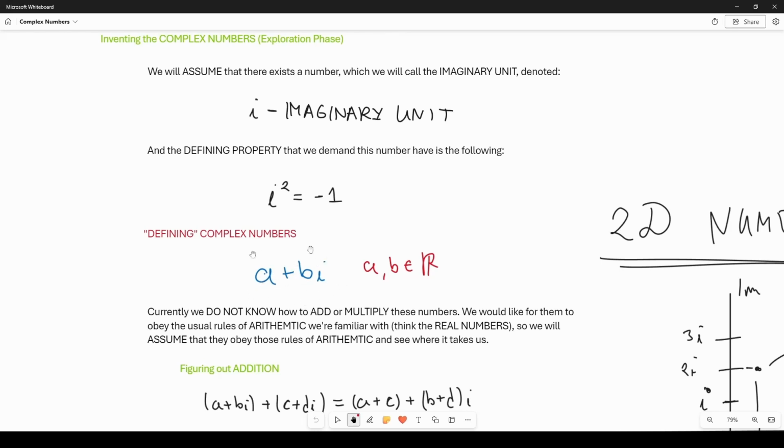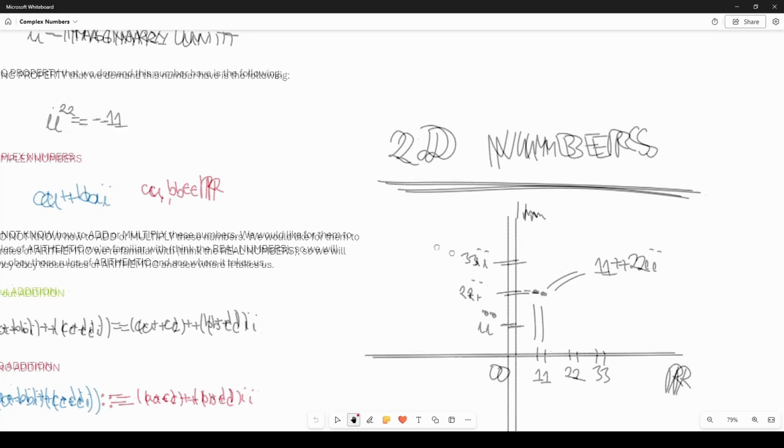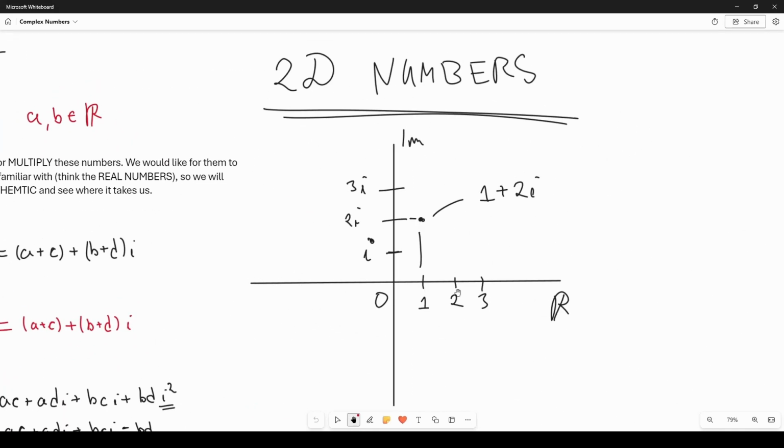So a complex number is a number of the following form, a plus b times i, where a and b are real numbers. So how to think about these numbers, how to visualize them? Well, real numbers are one-dimensional numbers. They lie on the real number line. And to expand this picture, to make room for the complex numbers, we just add this imaginary axis, which is perpendicular to the real numbers, and on it lives i over here.